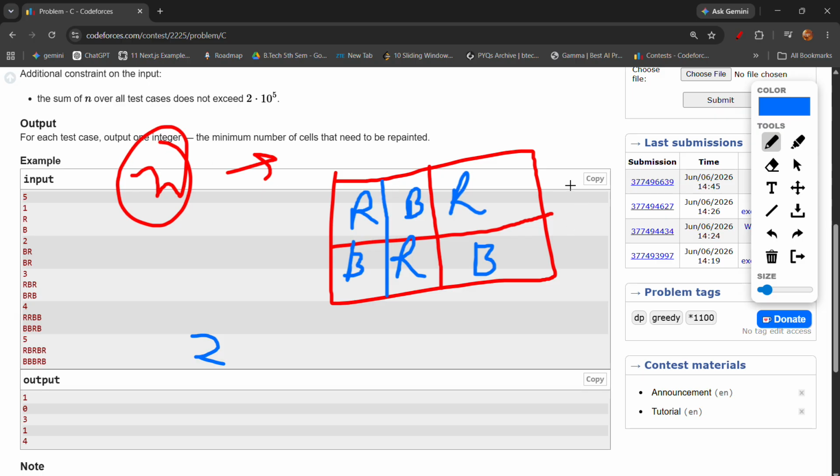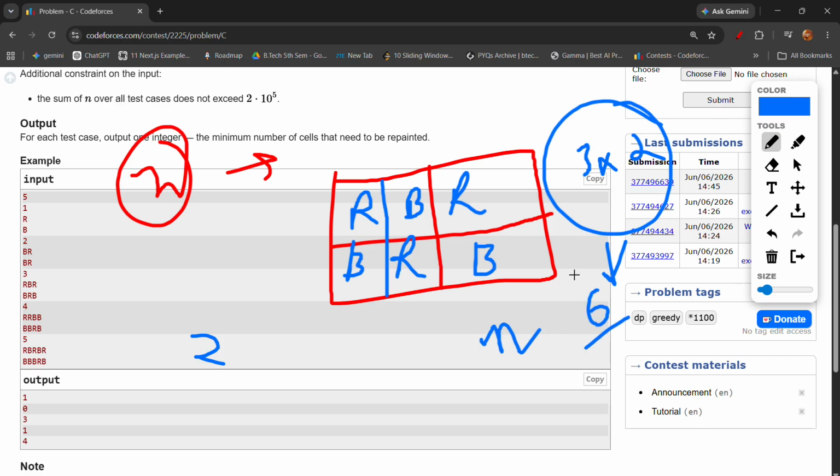So let's see. This is a three cross two matrix, and we need to make pairs. How many pairs do we need to make? N pairs. So how many cells are there? There are six cells, and they need to be sharing boundaries.